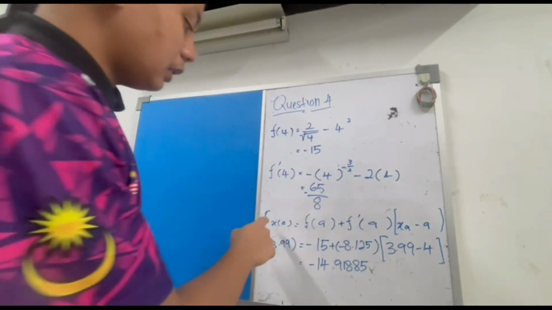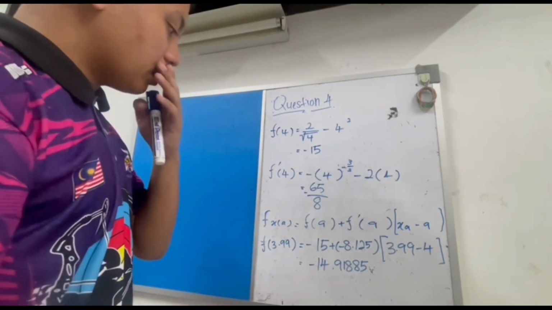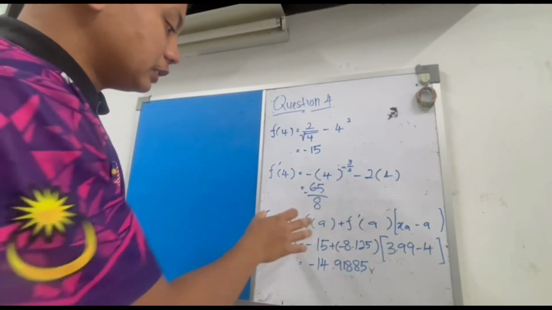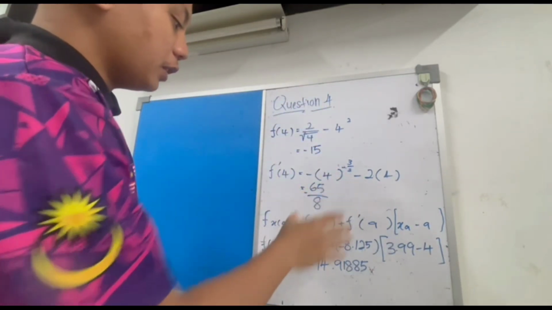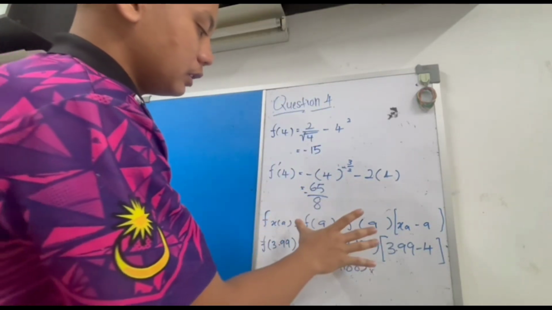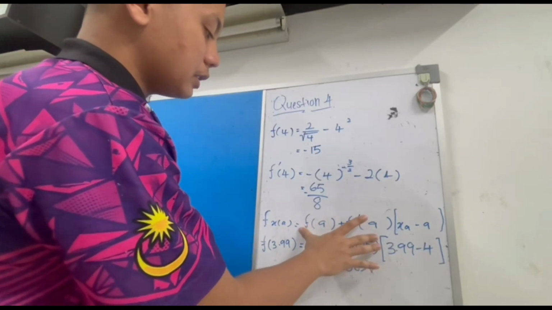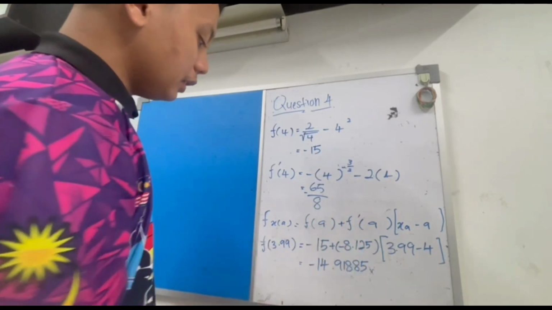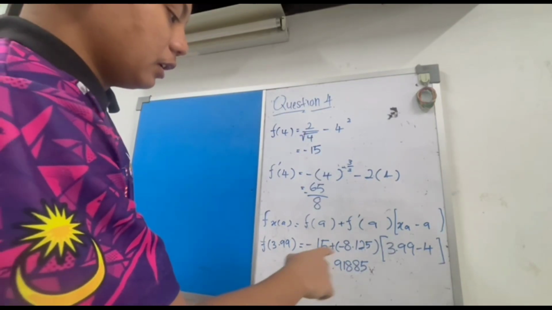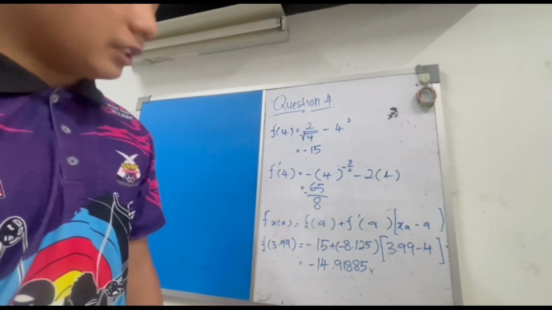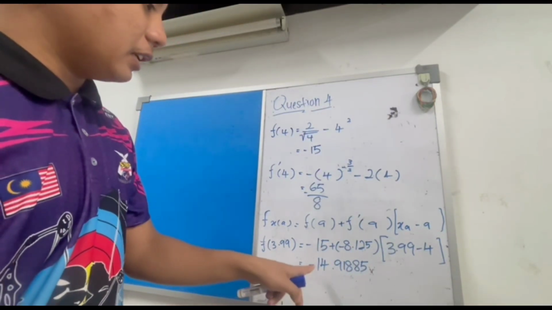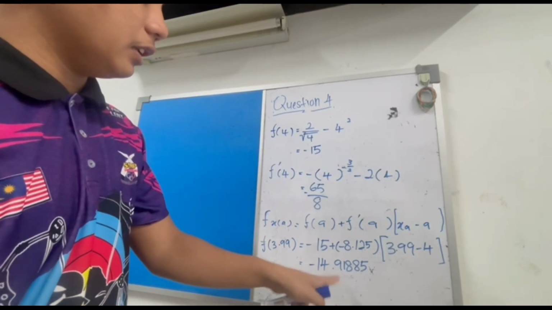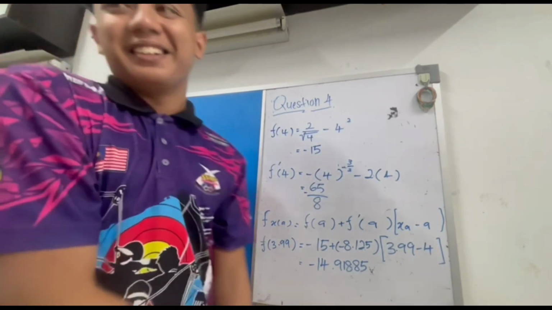Next we have to insert all these values into this formula, and we get the final answer of negative 14.1.